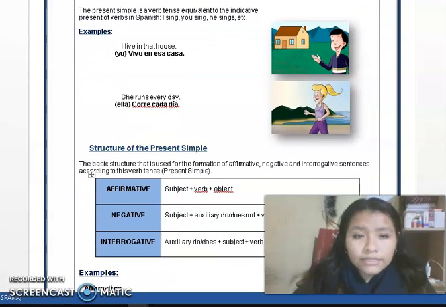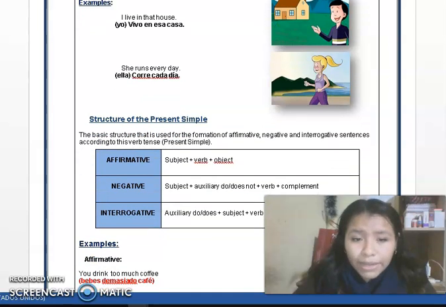And in the simple present, I have the structure of the present simple. The basic structure that is used for the formation of affirmative, negative, and interrogative sentences according to this verb tense.